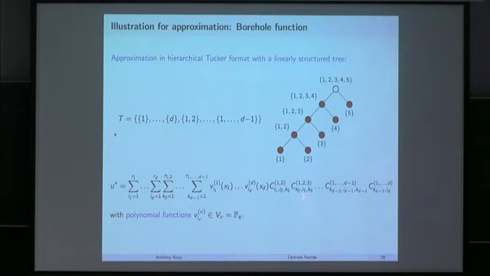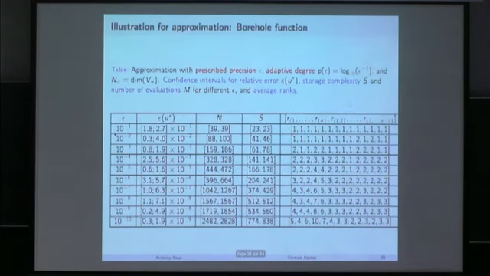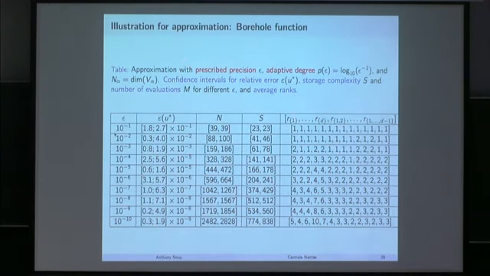Here I use polynomial approximation on the leaves with a certain degree. And here you see the results where we run the algorithm with a prescribed precision. So here I say I want a precision of 10 to the minus 4. You run the algorithm, and the algorithm will select the ranks automatically when it performs the different PCA on the nodes.